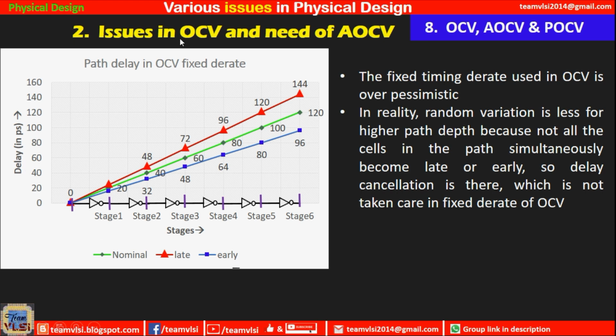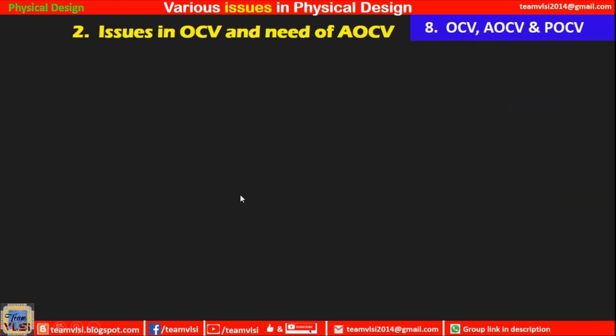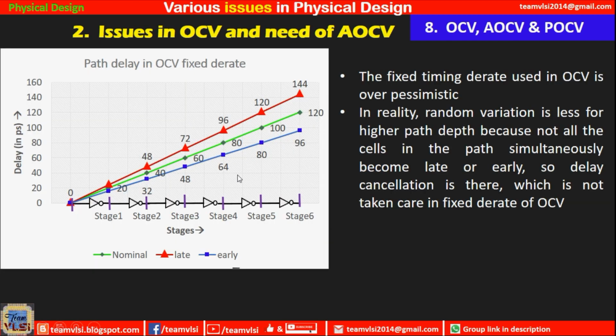So this fixed derate model of OCV is over pessimistic. Delay cancellation is not taken care of in the fixed derate of OCV. So in OCV we are not considering such delay cancellation.